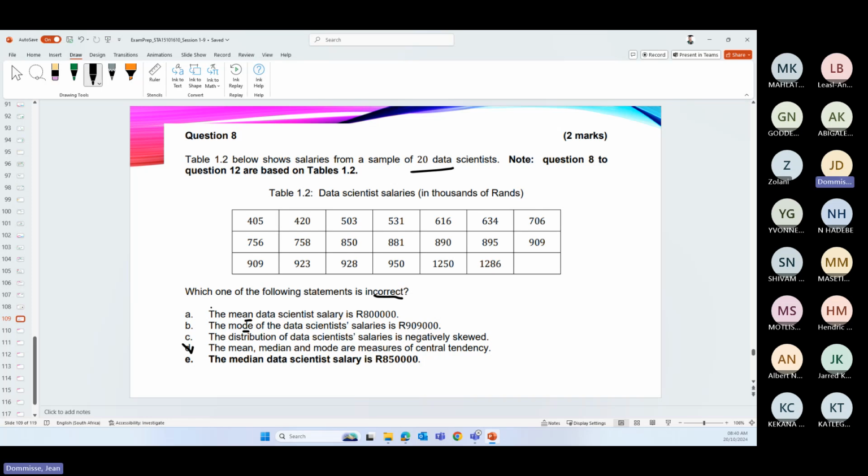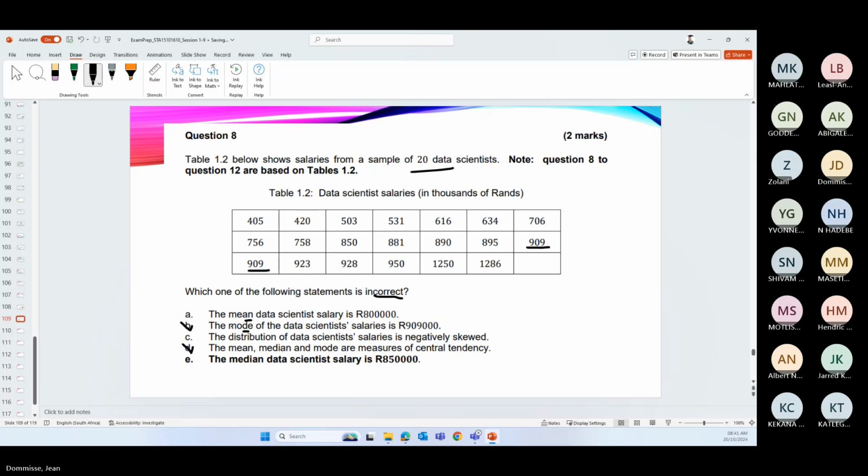Let's see. I will look for the mode first, because the mode is the number that happens the most. No repeats, no repeats, nothing, nothing. Okay, there's 909, 909, so that's a repeat. Nothing else, so the mode is 909,000. Okay, so got that.